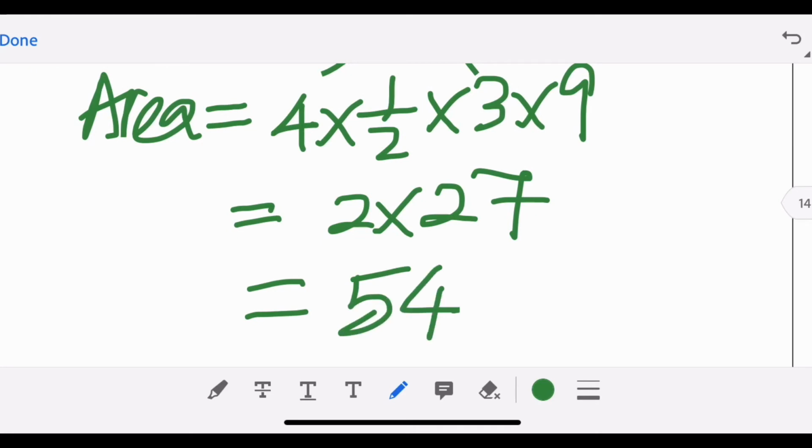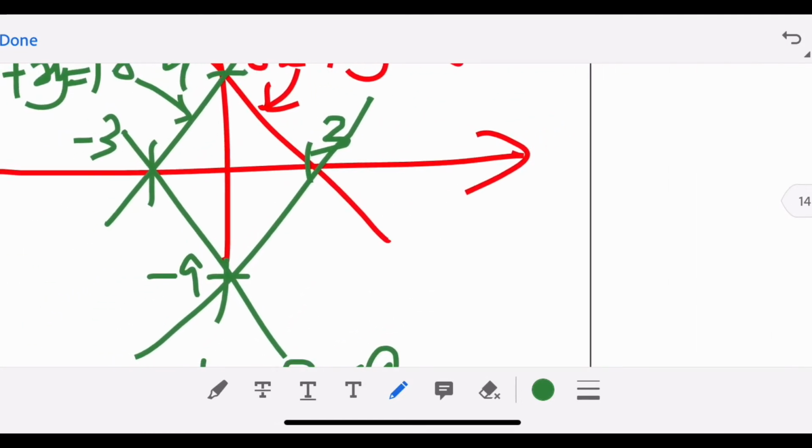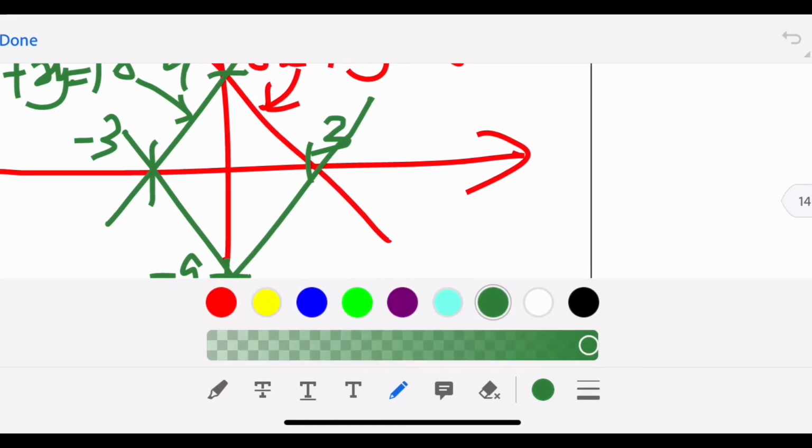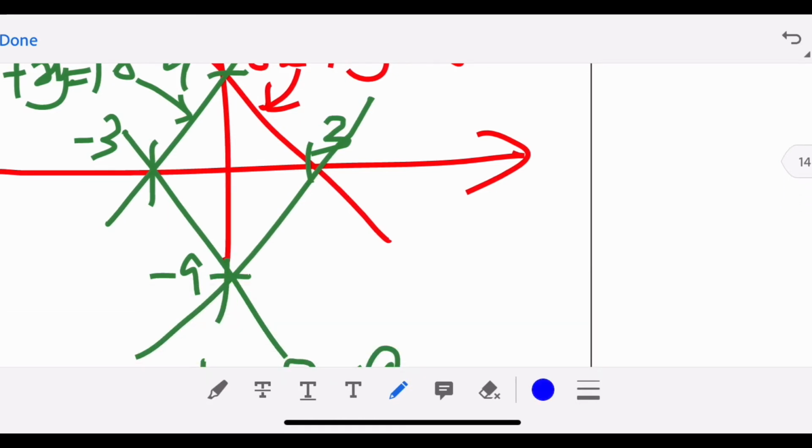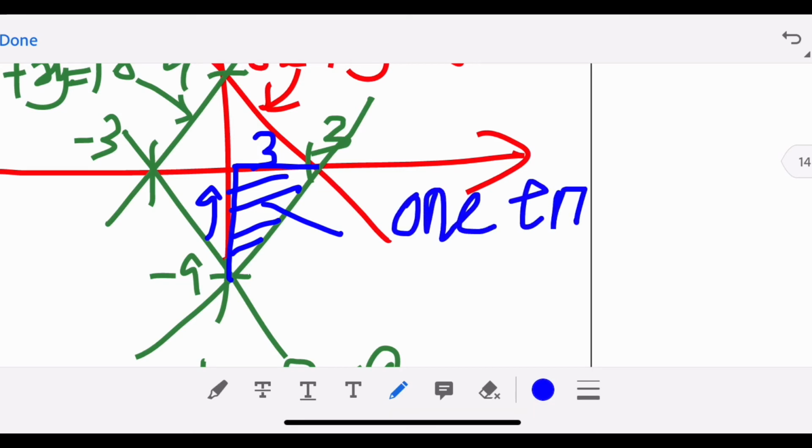One of the triangles has area 1/2 times 3 times 9. Remember, the area of a right-angled triangle: it is a right angle because for the x-axis and y-axis, the angle between them is always 90 degrees. So you can find the area of 1 triangle.